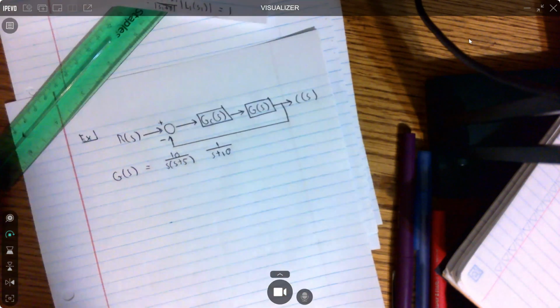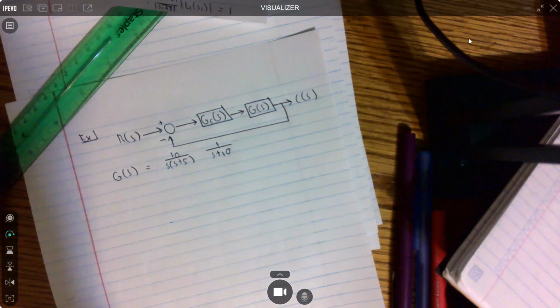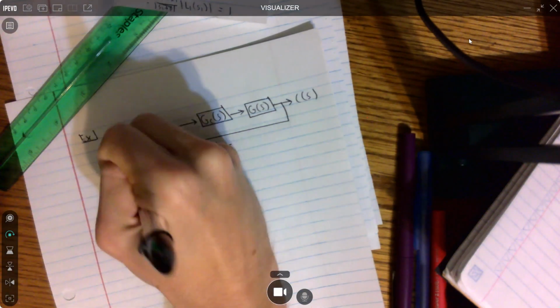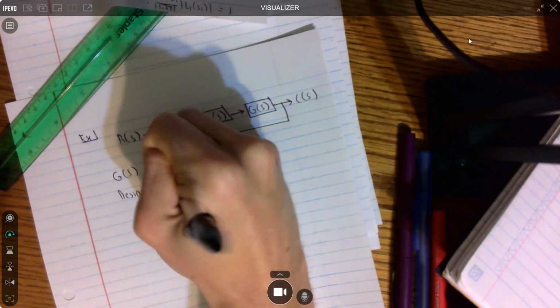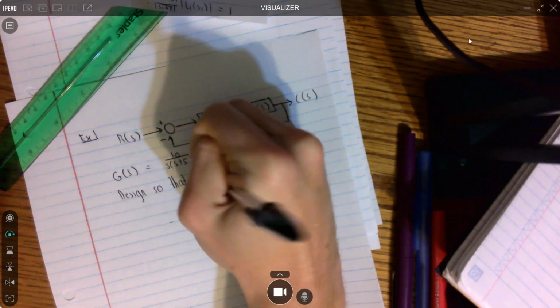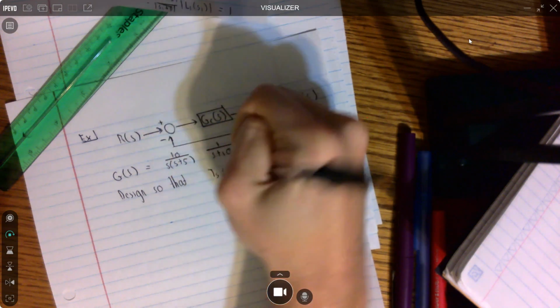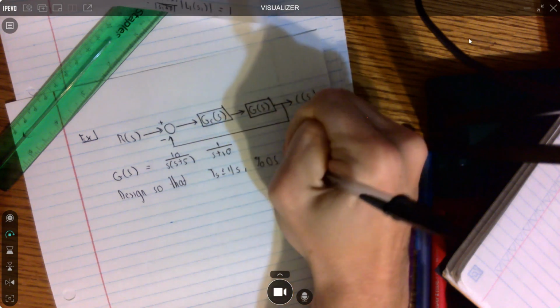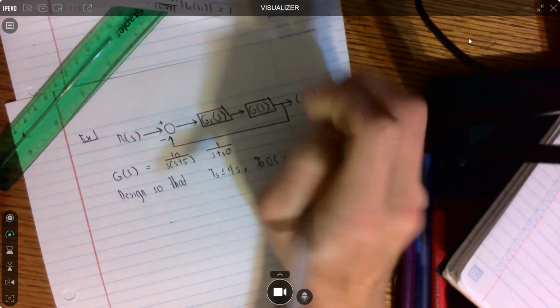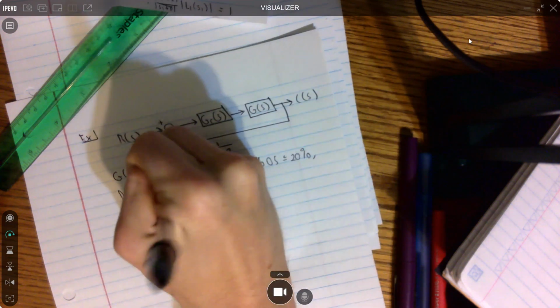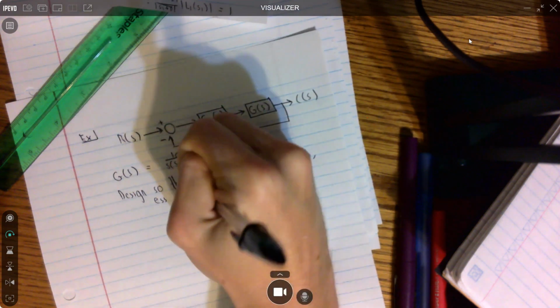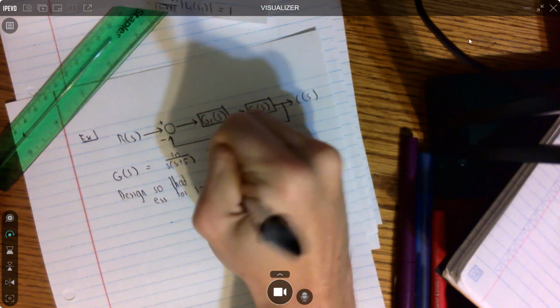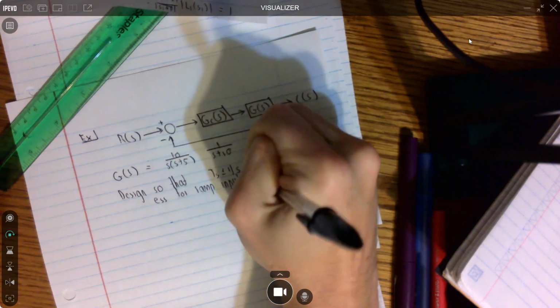So what we need to do here is the design so that settling time is less than or equal to 4 seconds, percent overshoot is less than or equal to 20%, and steady state error for a ramp input is less than or equal to 5%.